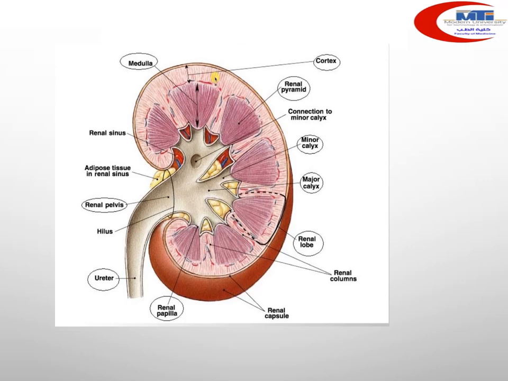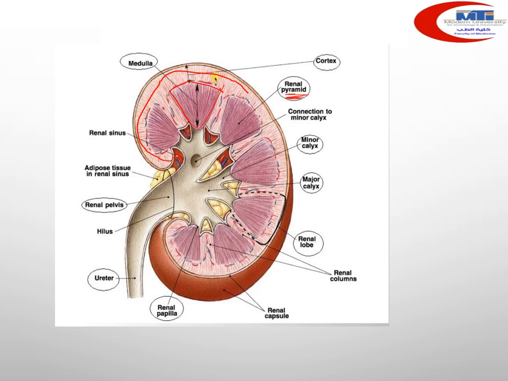Again, as you can see here, this is the medulla of the kidney, and the outer part is the cortex. The medulla is formed of renal pyramids.